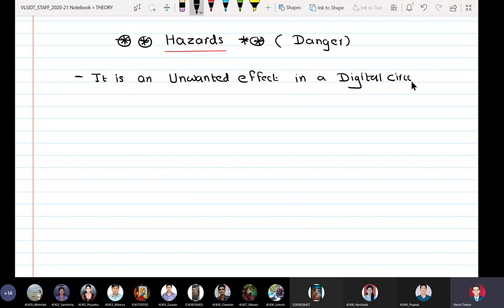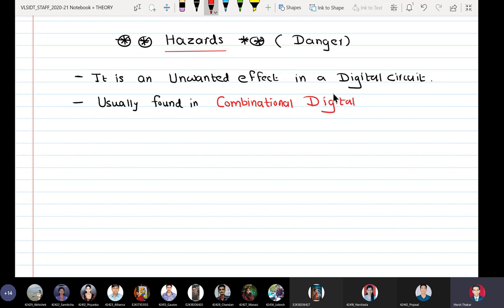It is an unwanted effect in a digital circuit, usually found in combinational digital circuits and asynchronous sequential circuits.